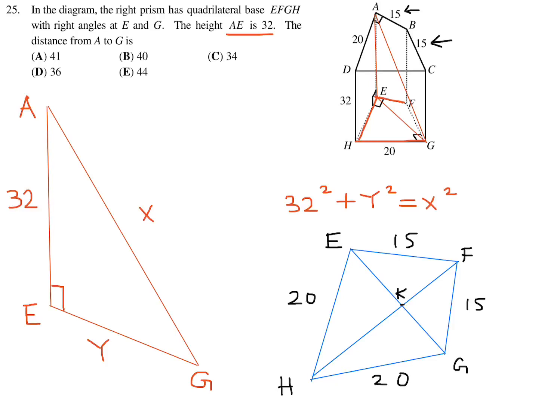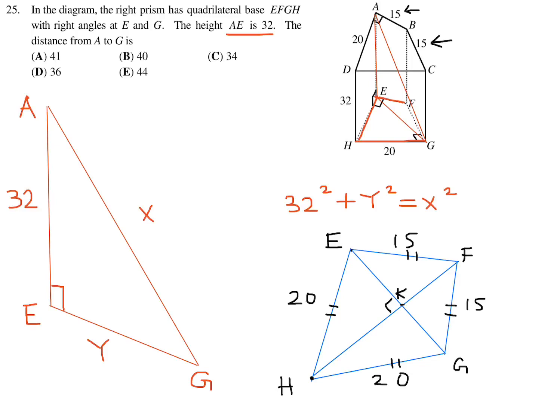Now, this diagram, if you notice, has an isosceles triangle here and an isosceles triangle there. So if you draw a perpendicular from H to K, like that, and that makes it a 90 degree, then you've cut EG in half.